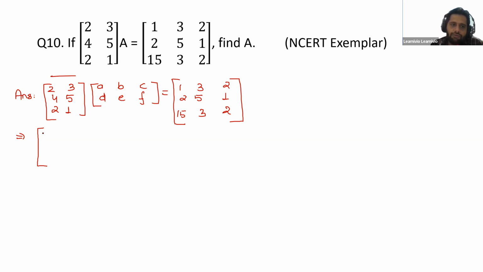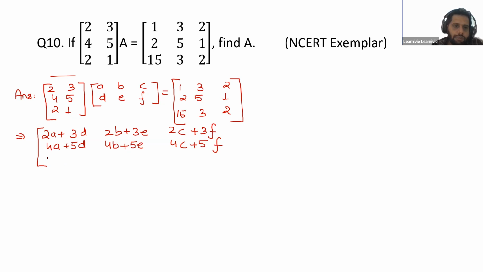So this will give you 2A plus 3D, 2B plus 3E, 2C plus 3F. Then 4A plus 5D, 4B plus 5E, 4C plus 5F.